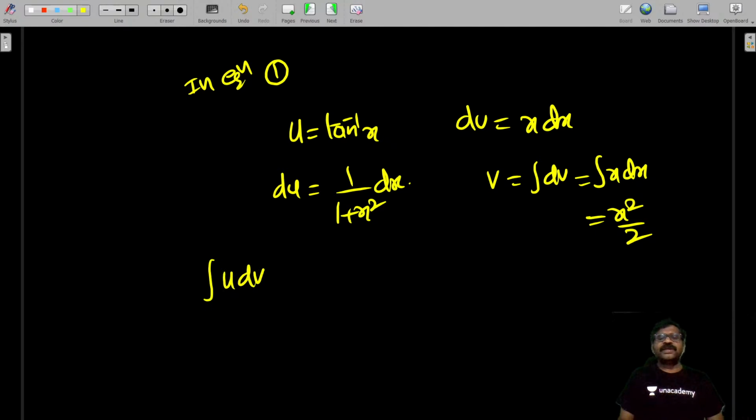Integral u dv equal to uv minus integral v du.